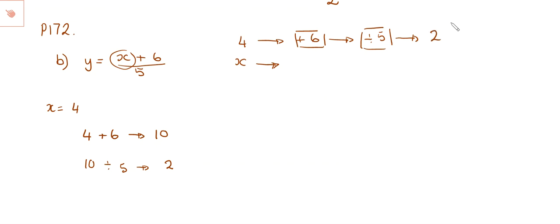Okay. Now I'm going to just say, well, that's what I would do with x. So it would be x plus 6, then it's divided by 5. What comes out? What's the answer if I haven't chosen a number? What do we call it?